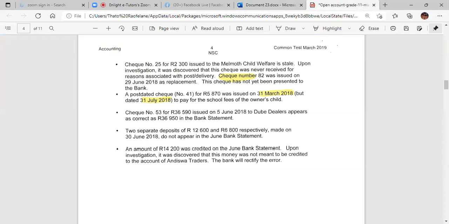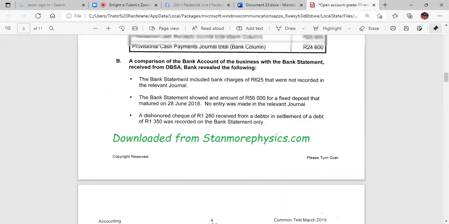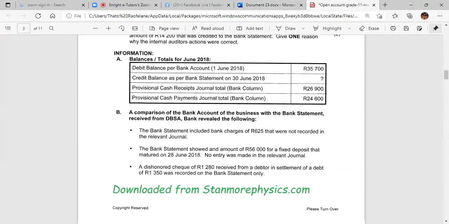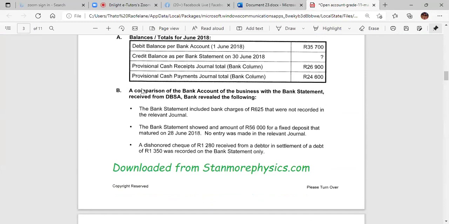Basically, that's what happens if a check is post-dated. I have multiple grade 11 question papers. Sometimes they don't write the post-dated check as a student here. Have you seen the question paper, the bank reconciliation? Normally, in the information, they have the bank reconciliation statement of last month.